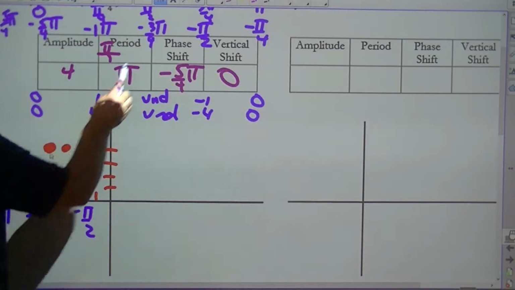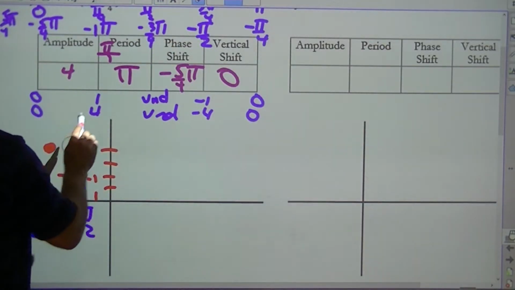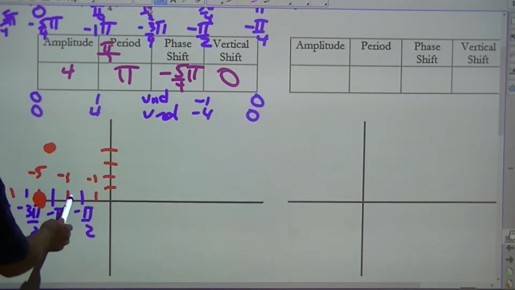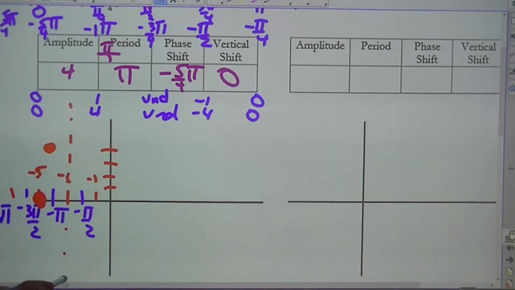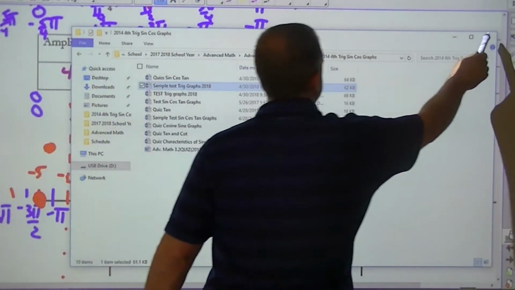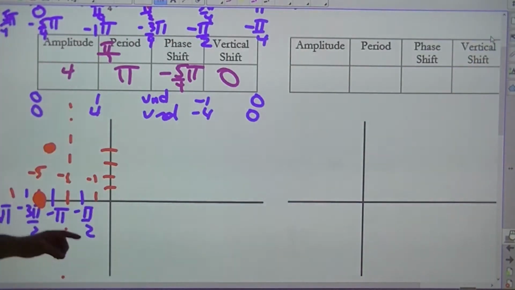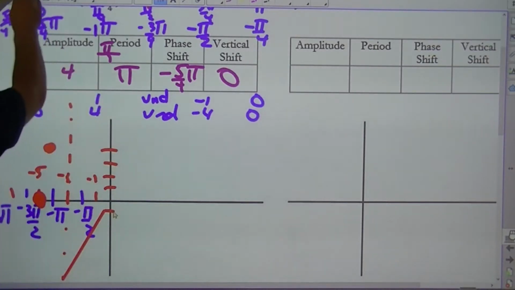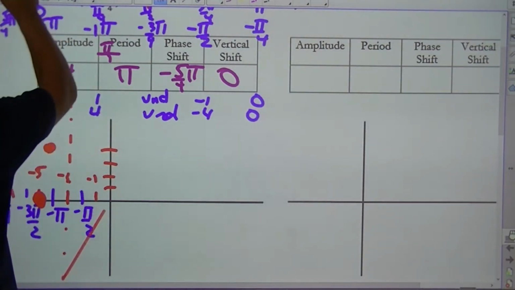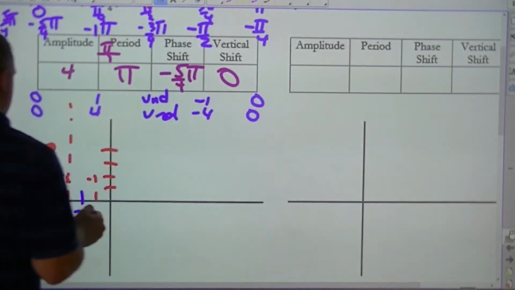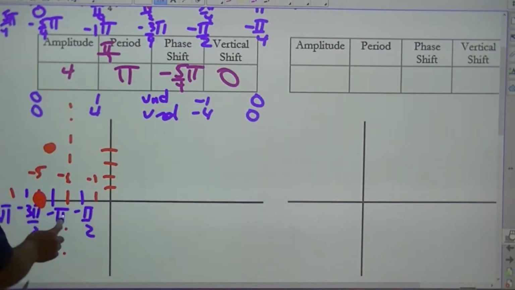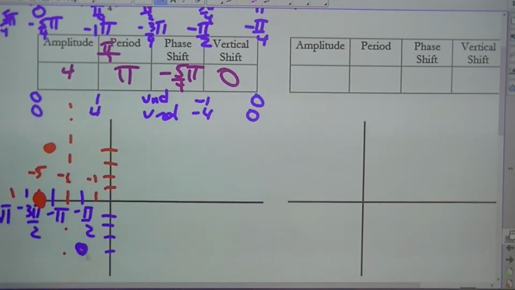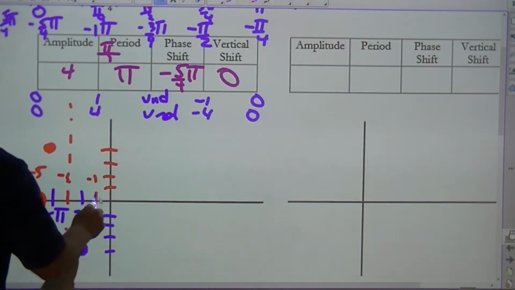Okay, at negative 3/4 pi, I'm going to be at undefined. At negative 1/2 pi, I'm going to be at negative 4. Negative 1/4 pi, I'm at 0.